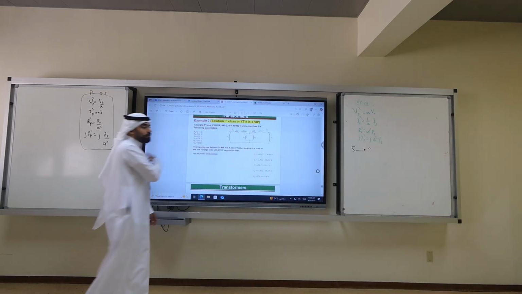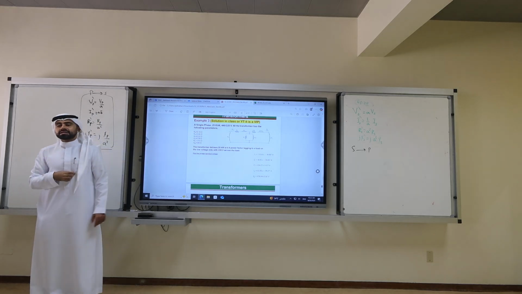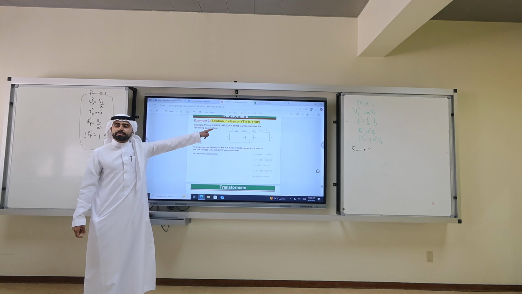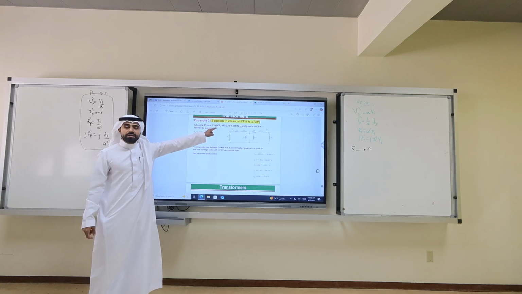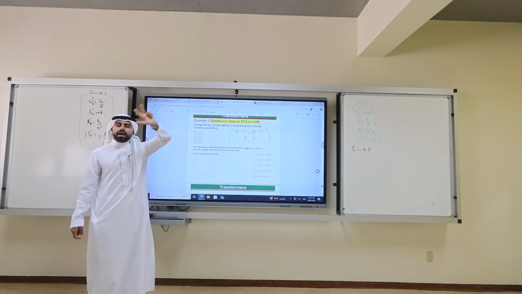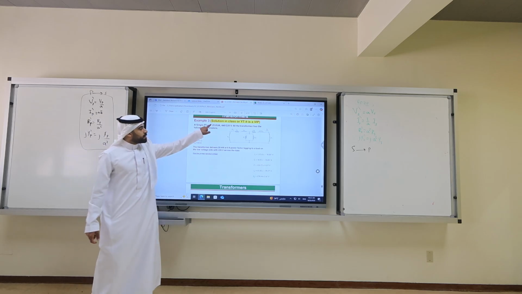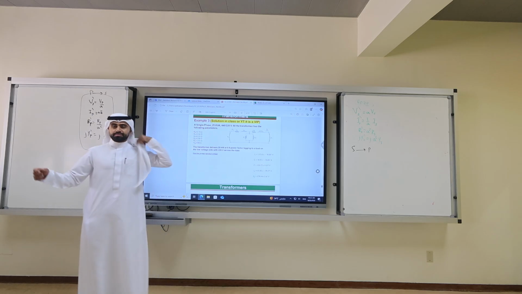At 25 kVA, is this apparent power or real power? 25 kVA: apparent, real, reactive, complex. Which one? Reactive. Wrong. This is apparent power.